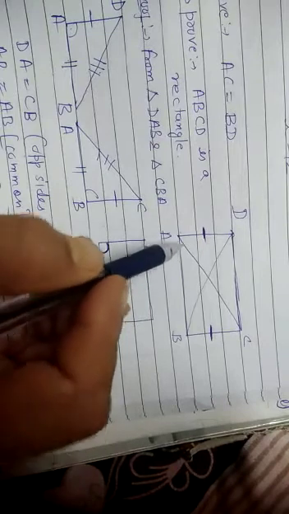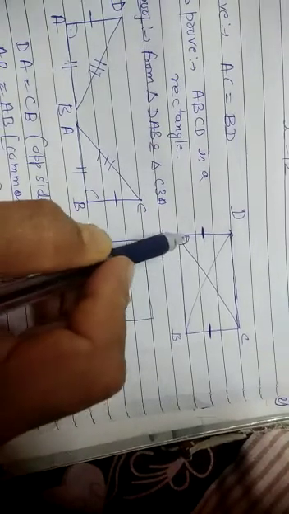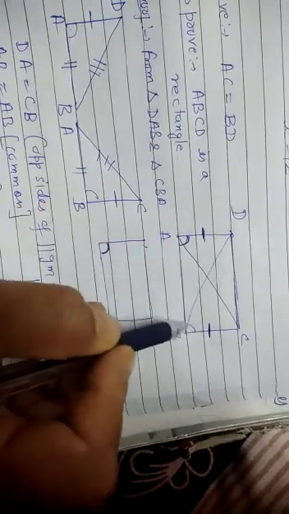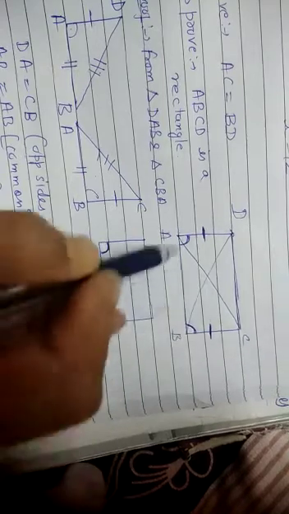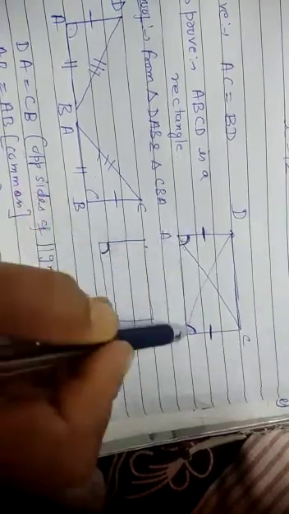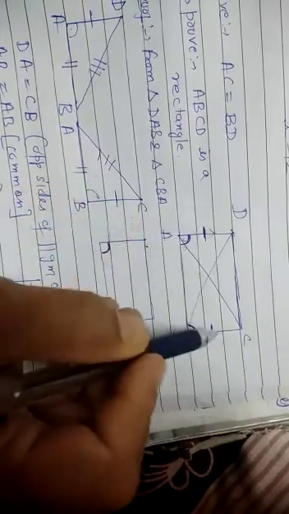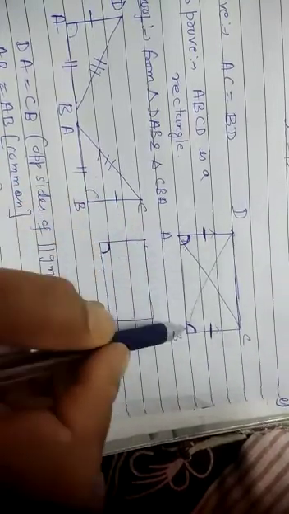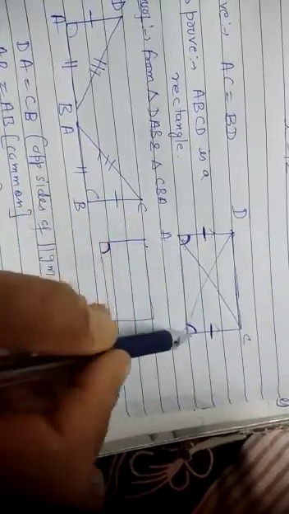Now you can see, beta, this is a parallelogram. I have told you that in a parallelogram the sum of adjacent angles is 180 degrees, because these are co-interior angles: these are two parallel lines and this is a transversal, so we can say these are co-interior angles.